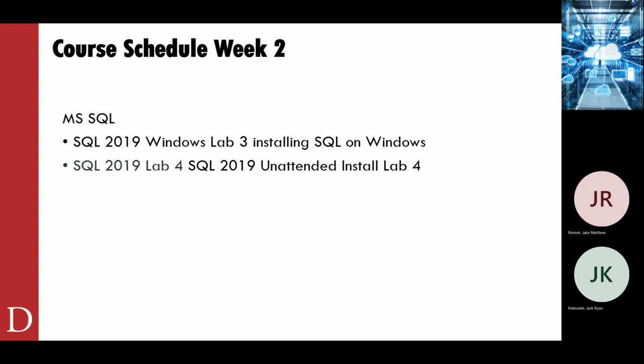So we're going to go through the 2 different ways to install it this week. The second lab, if it works properly, the longest part is going to be actually waiting for it to finish, because it's a silent install. And if it works, it just comes back to a command prompt. Then you just have to look in the GUI to make sure that it's actually installed. If it doesn't work, which is where this lab sometimes goes off the rails for people, then you have to go in and figure out where in your syntax you made your error, and then fix that.